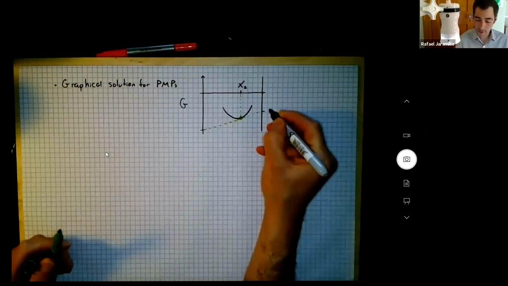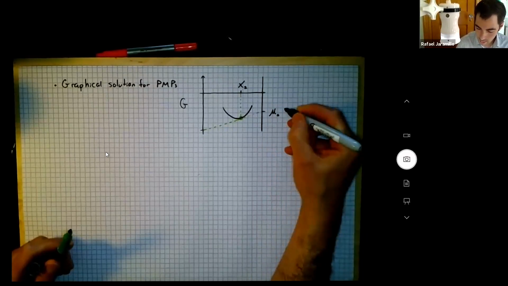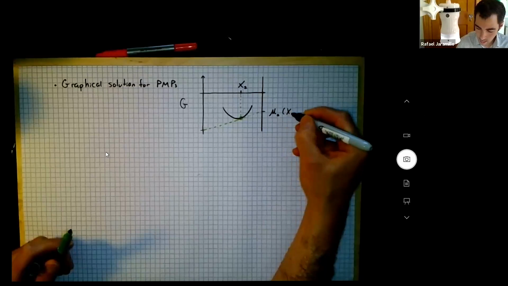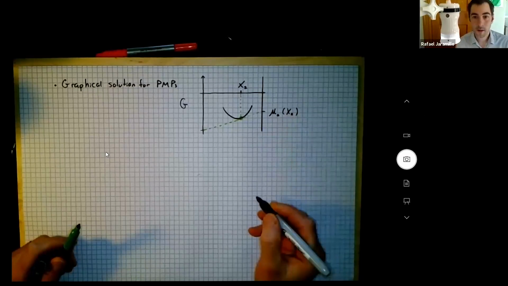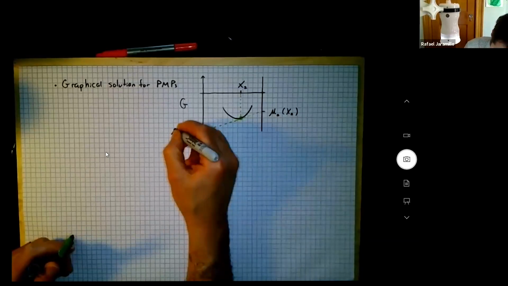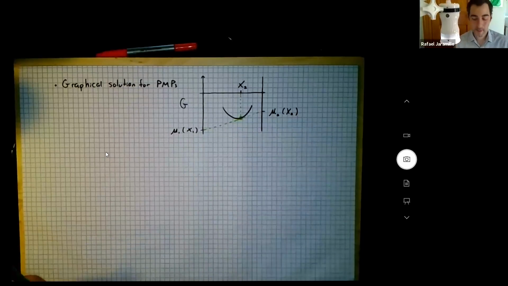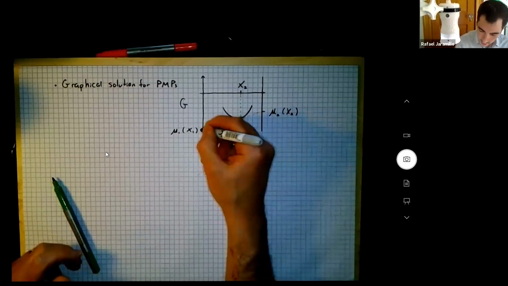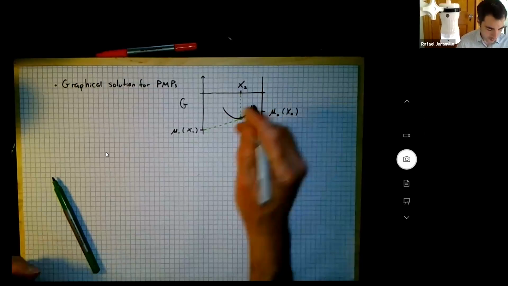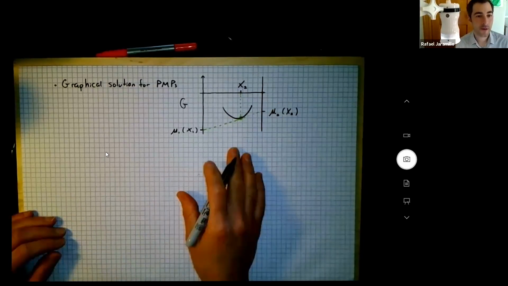So this intercept here is mu2 at X2. And this intercept here is mu1 at X1. Right, so I hope you do remember this. If you don't, just rewind for a couple of lectures. So we had this graphical solution. Now we introduced this for one solution model.